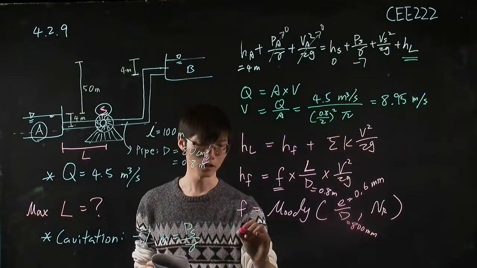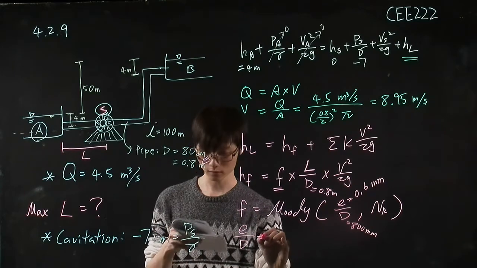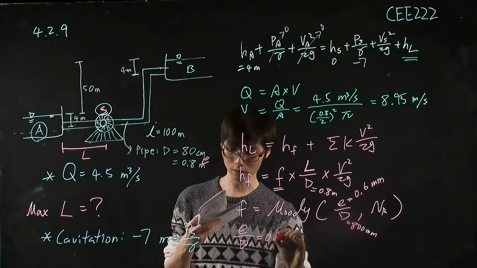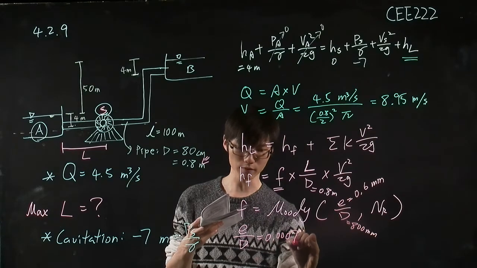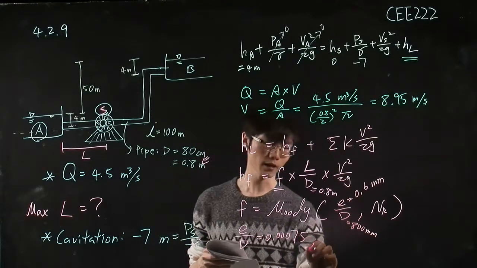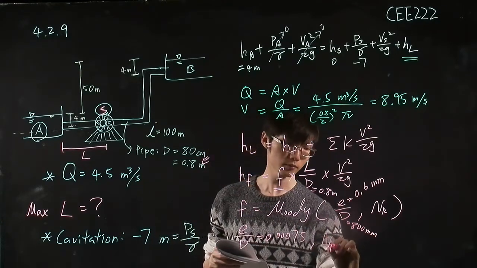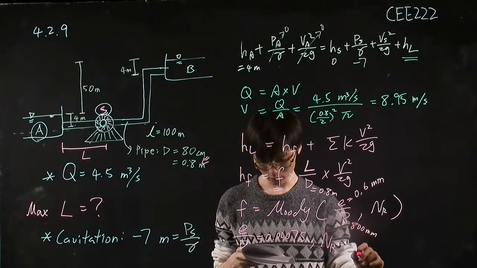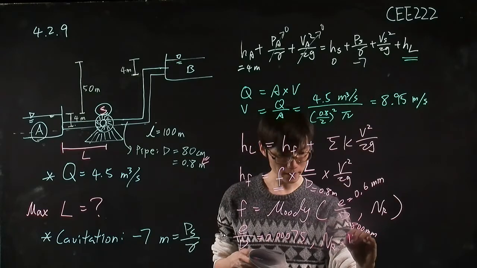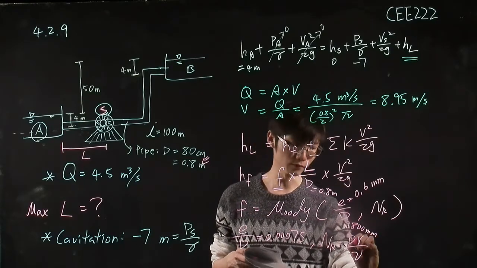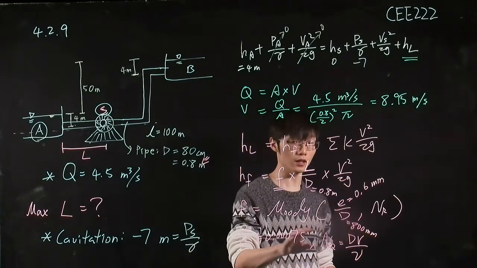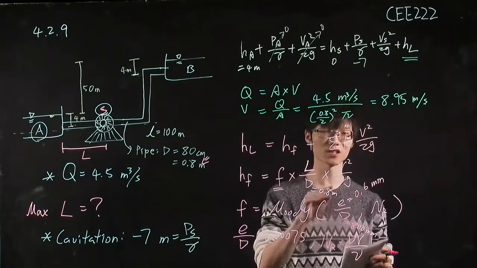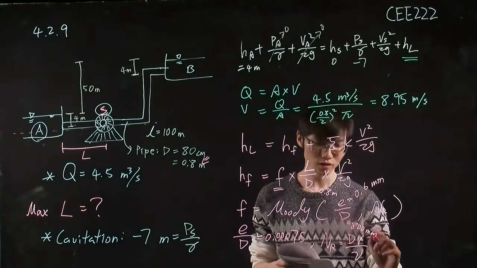So that means we have this relative roughness equal to 0.00075, okay? And the Reynolds number is equal to dV divided by the kinematic viscosity. And you should also remember this equation because we use this so many times.